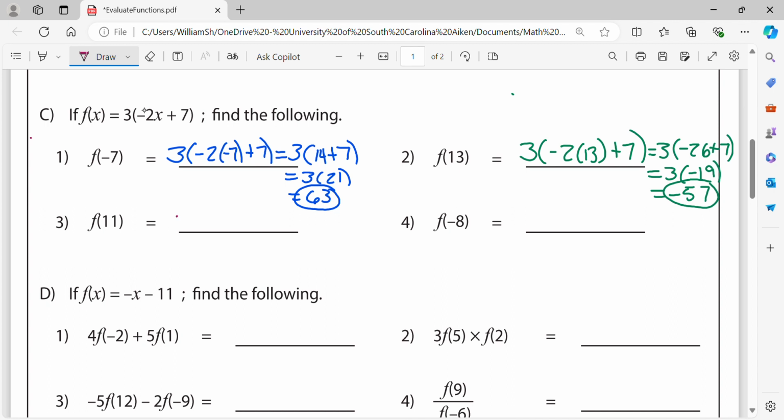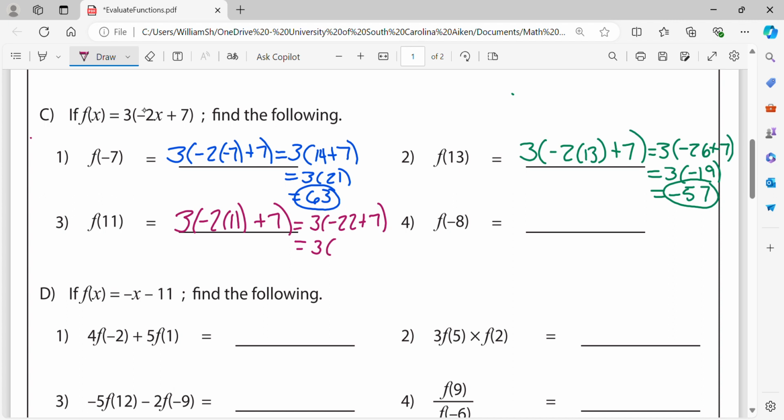Here I'm going to take this same function, 3 times negative 2, and then I'm going to plug in the 11 for x, plus 7. I'm going to have to simplify this. So negative 2 times 11 is negative 22, plus 7.